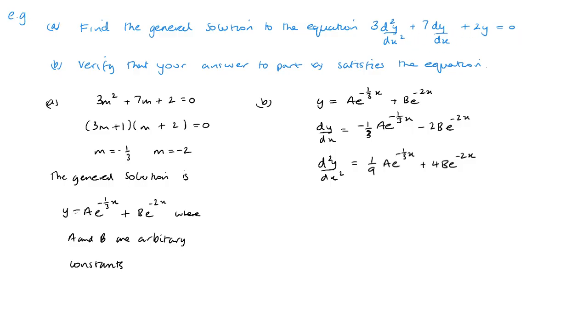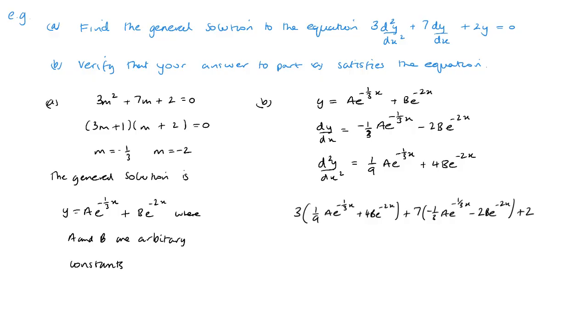So that's what I do now. 3 times 1/9 a e to the minus 1/3 x plus 4b e to the minus 2x, plus 7 times minus 1/3 a e to the minus 1/3 x, oh, not plus, minus 2b e to the minus 2x, plus 2 times y.